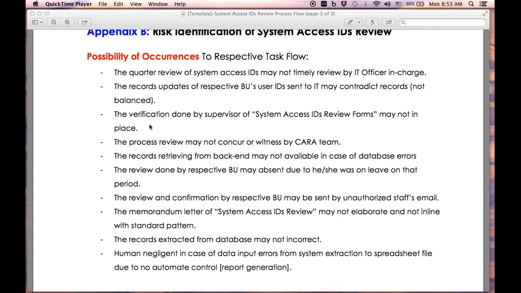And the third one is that the verification done by the supervisor may not be in place. Sometimes the supervisor does not emphasize monitoring or risk monitoring, so he or she bypasses the process or review. So the officer sometimes does not need to pass to the supervisor to verify whether the record is correct or not.